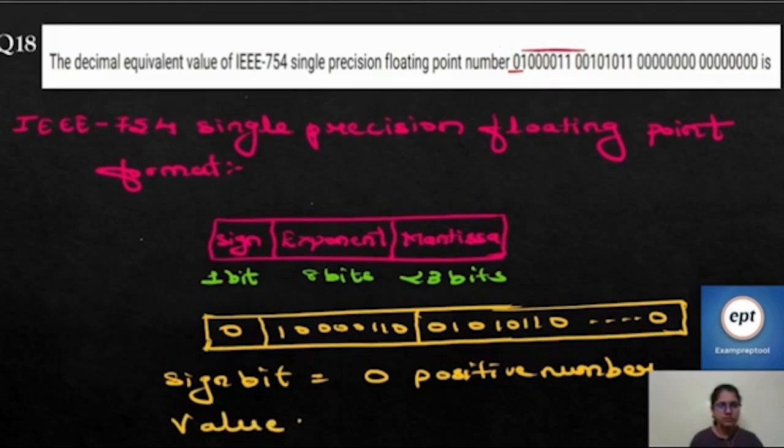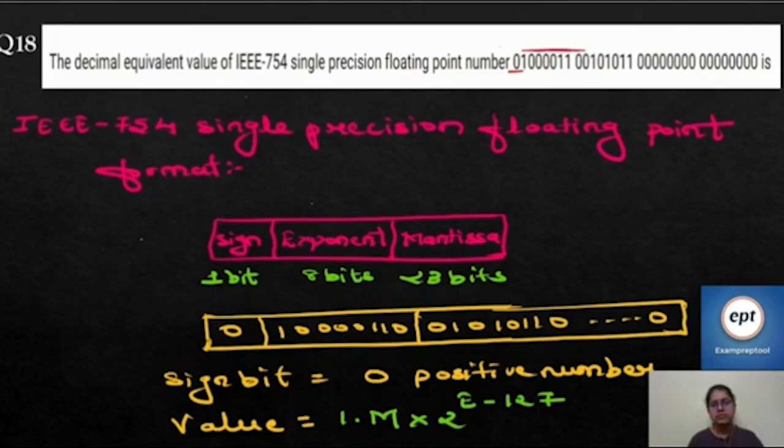So the formula for value is, I am writing the formula: 1.m, m is for mantissa, into 2 to the power e minus 127. As they have said, find the decimal equivalent value. So this is the formula for value.